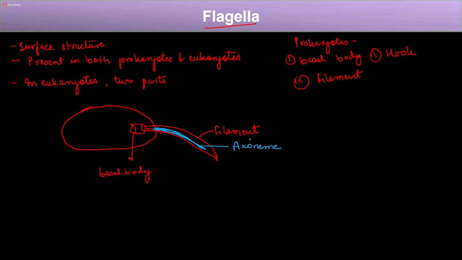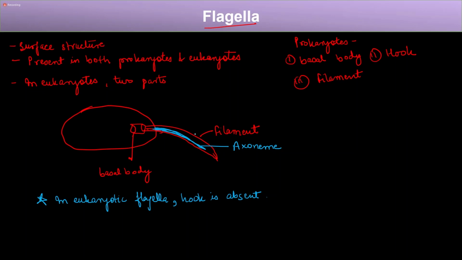This is again made up of microtubules. So what we saw is that in eukaryotic flagella, hook is not present. Hook is absent. It has only two parts, basal body and filament.